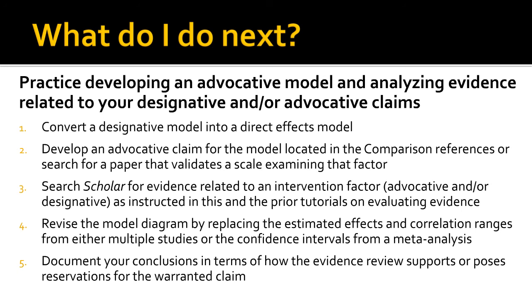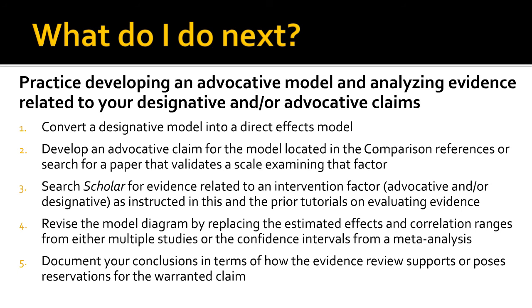Next, convert a designative model into a direct effects model before developing an advocative claim using the procedure described in this tutorial. Search for evidence related to the factors in the advocative claim model that includes all intervention factors proposed as a recommended solution to enhancing the desired levels of the outcomes.